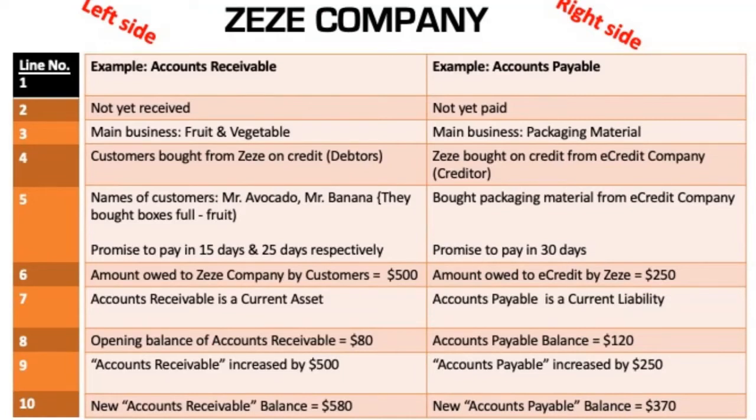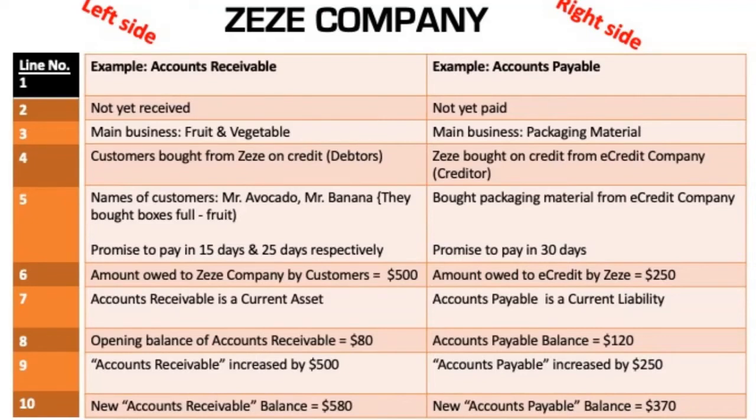Then Mr. Banana also says, Zeze Company, please, I want boxes of fruits, and I will pay in a 25-day period. Then Zeze Company says acceptable. Then in the 25-day period, the payment will happen. Take the boxes of fruits, Mr. Banana. Take the boxes of fruits, Mr. Avocado. They leave.